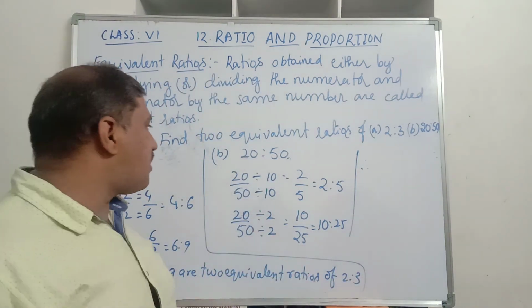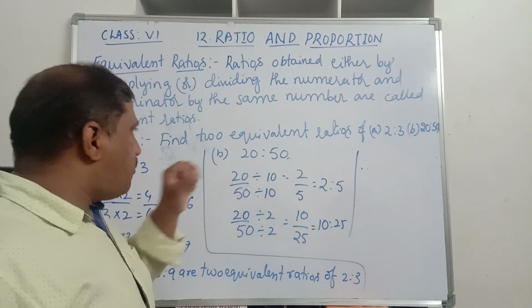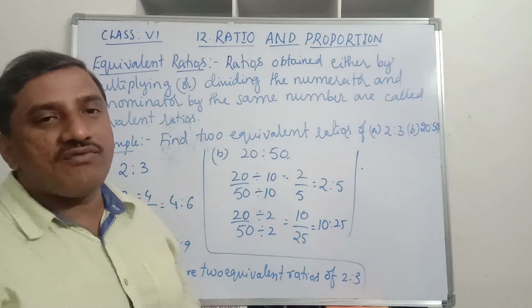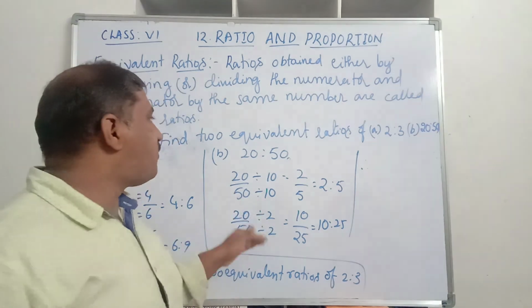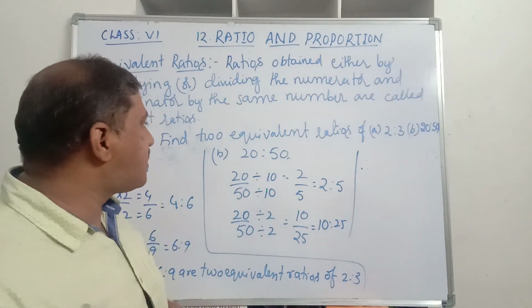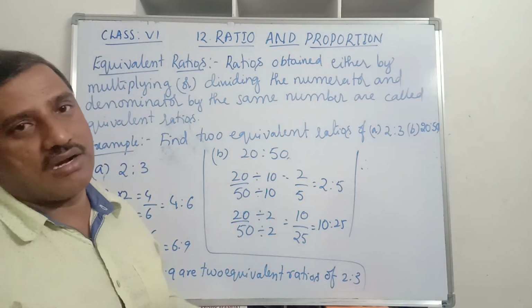Still you can find one more, by dividing both 20 and 50 with 5, as they are divisible by 5. We will get one more equivalent ratio.